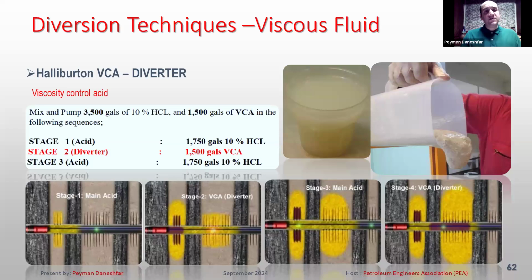When we inject the acid after the VCA, and we stop our pumping with the overflush pumping and displacement, when the pH is around almost 4, with some special powder, I think the name is Furcheck, it will break, and the cleanup procedure will start at the end of the acidizing.